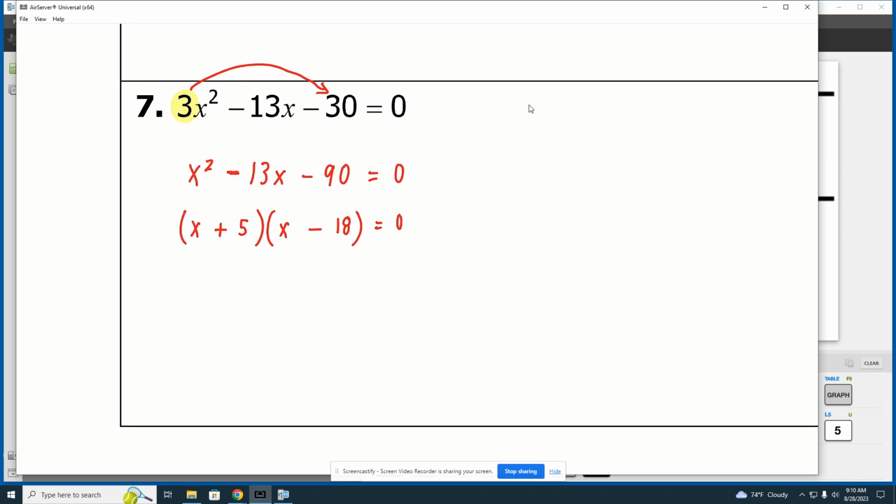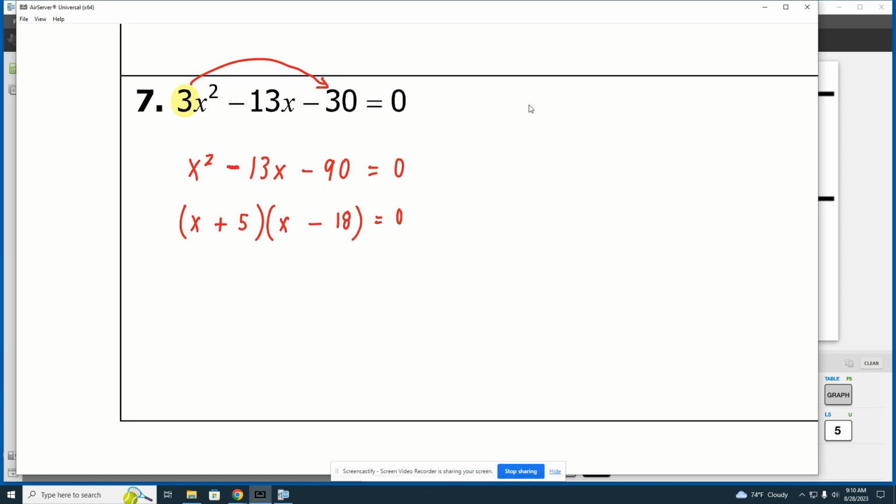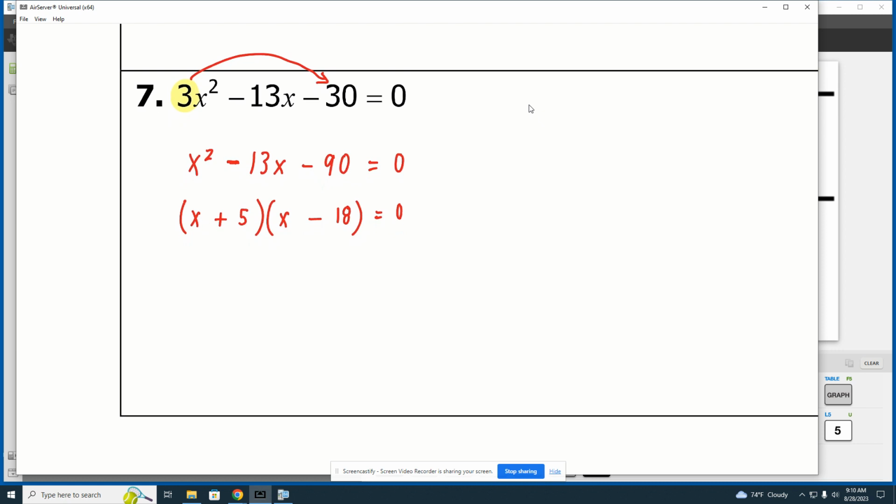Yep, we did the over or the up, but we haven't done the under or the down. Or are you going to go with up and under? Up and under sounds like a soccer move. So let's go with that. Up and over and below. No, that doesn't sound like a soccer move. So we're going to go under now. So under 3 on both of these. If it will reduce, we reduce it.